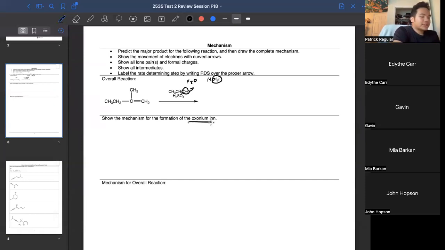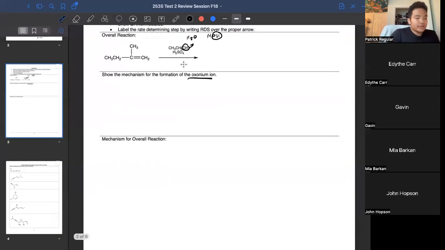Let's go ahead and make this oxonium ion. So if he were to give this to you in a test, he would split it up for you. He would first ask you to make the oxonium ion. And the oxonium ion is always something where you have an R, O, H, H, where you have a positive formal charge. It's basically a protonated alcohol group.